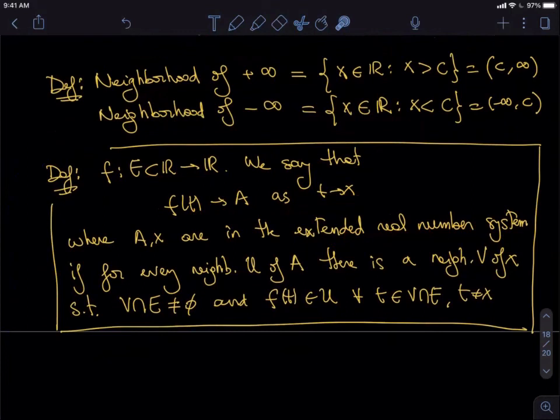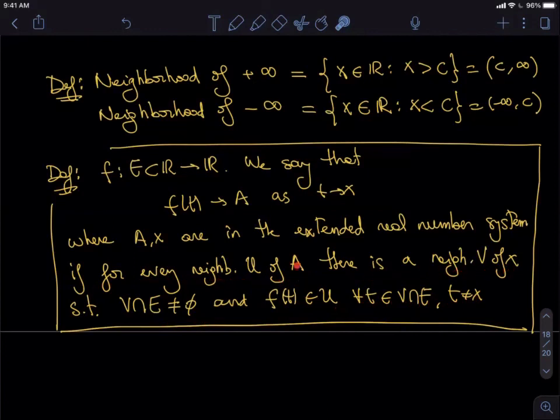We say there is convergence if for every neighborhood u of a, there is a neighborhood v of x such that v intersects E, and for every t in v intersection E, different from x, f of t is in u.